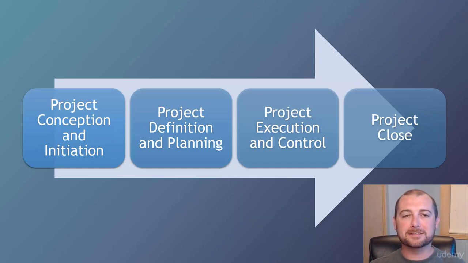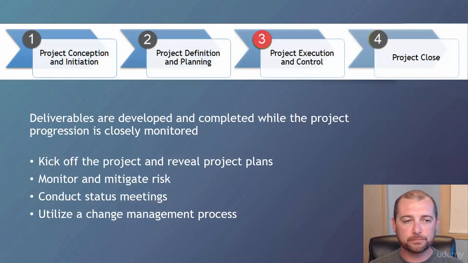What you're going to find is that project execution and control has a few key points for a project manager, but most of this is just monitoring the project. So let's dive into the phases of project execution and control.